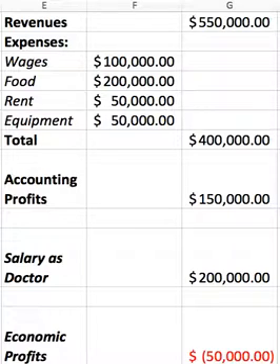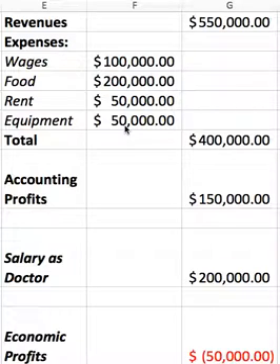After his first year, Jeff had revenues of $550,000. His expenses for that year were wages of $100,000, food $200,000, rent $50,000, and equipment of $50,000.